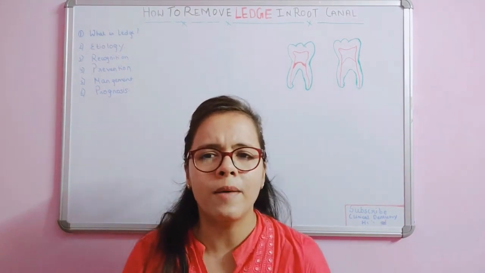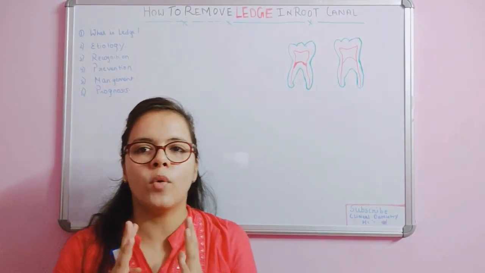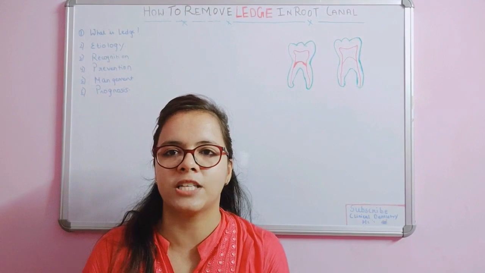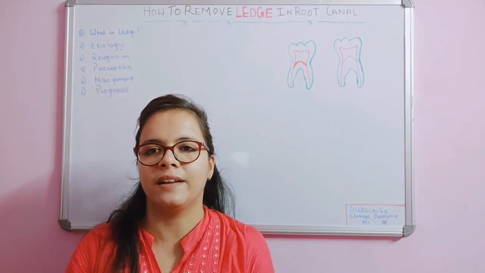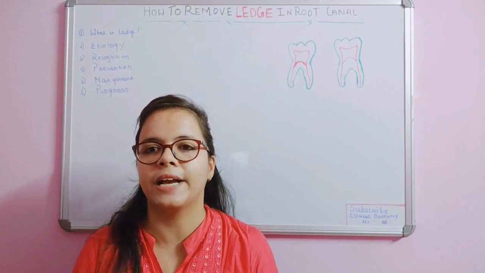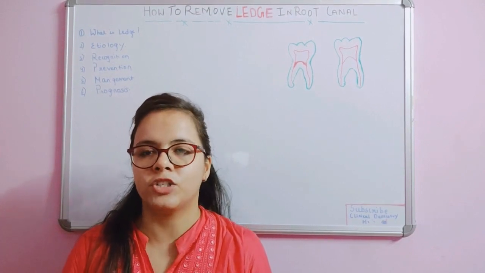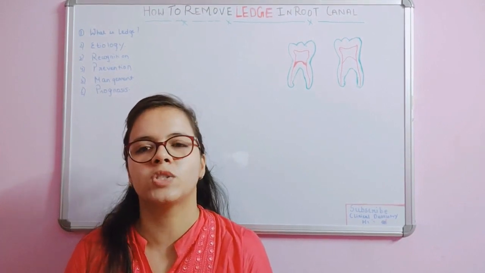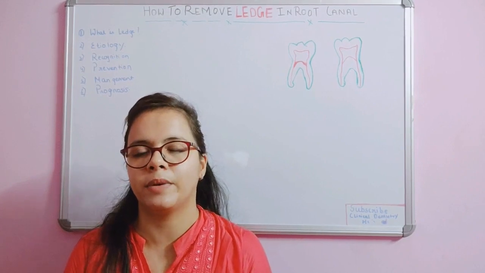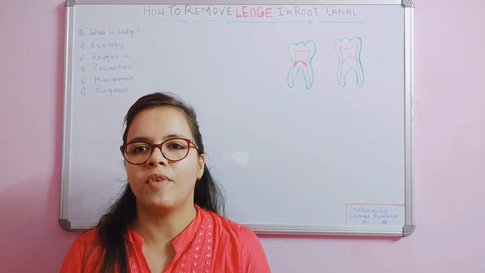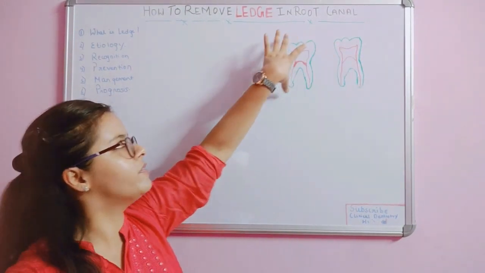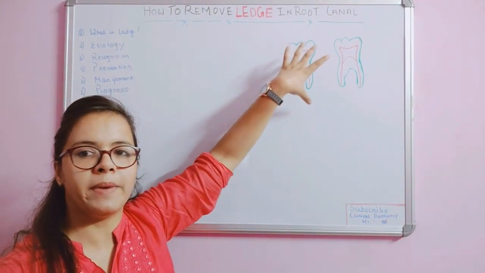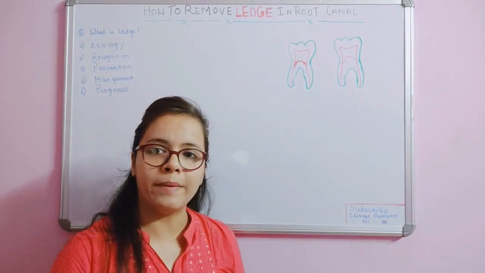So you all must have observed that whenever you are preparing a canal after access opening, that is known as biomechanical preparation, cleaning and shaping. When you are doing biomechanical preparation, suddenly you find that the length of the tooth was 21 mm, but when you were preparing, the file was not going beyond 21 mm.